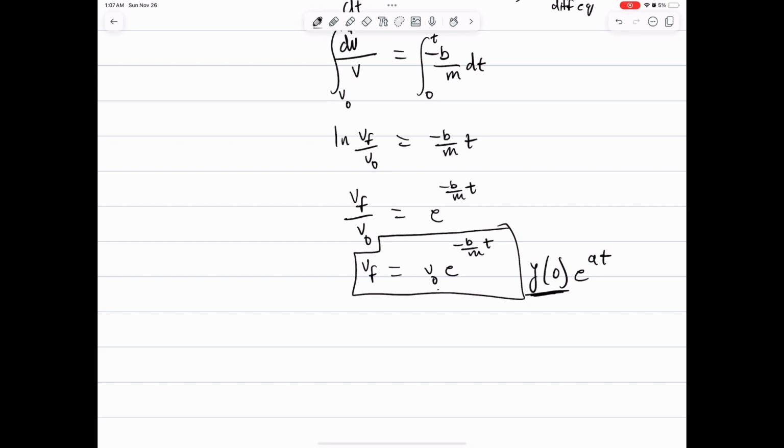And then e is just e, and then a, again, I told you it's an arbitrary constant, but when you add application to it, it is negative b over m, negative b being the drag coefficient and m being the mass. So a is just negative b over m, and then you have the t. Look at that. So you can see how many methods yield the same result.